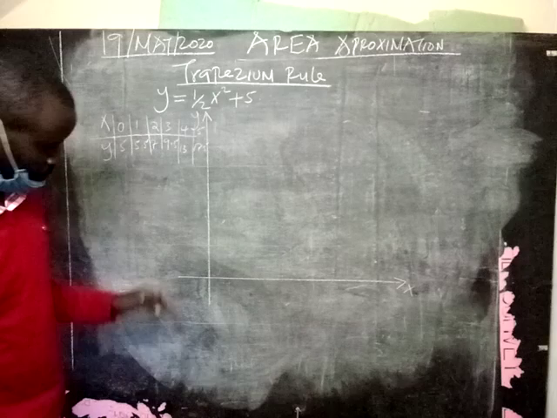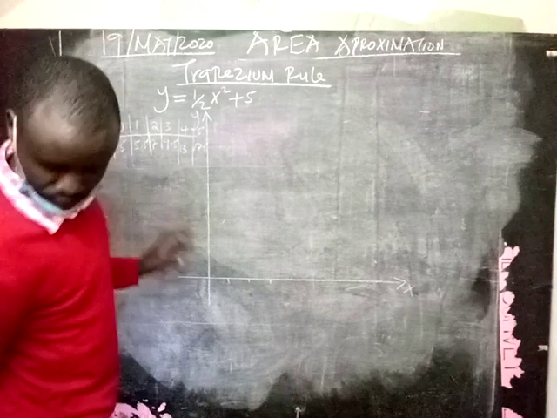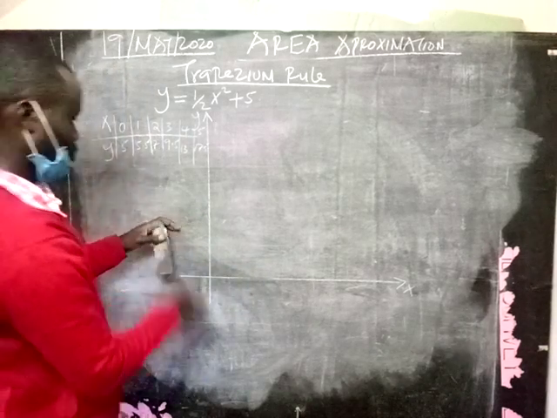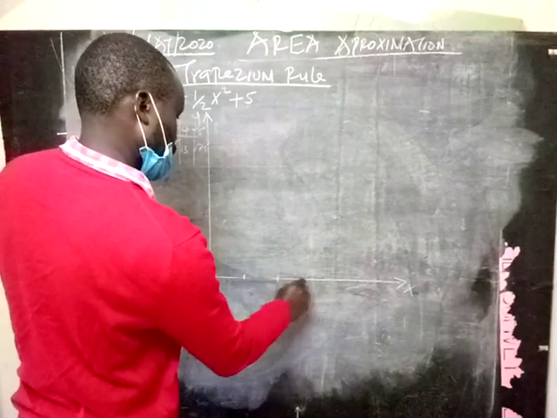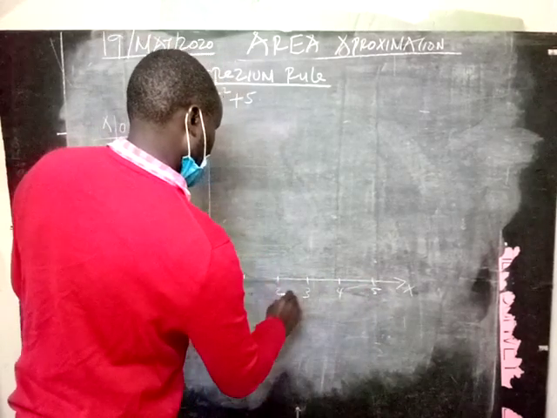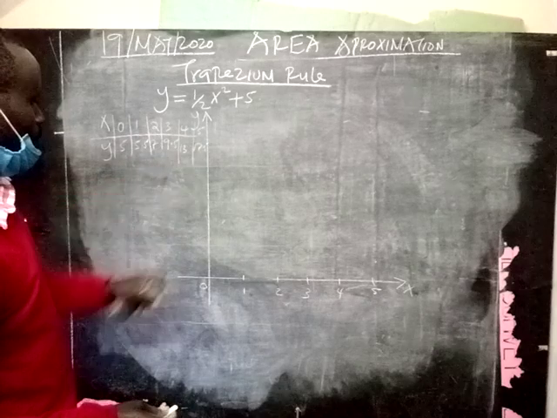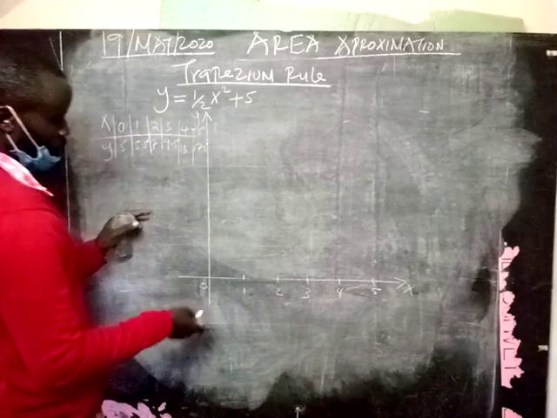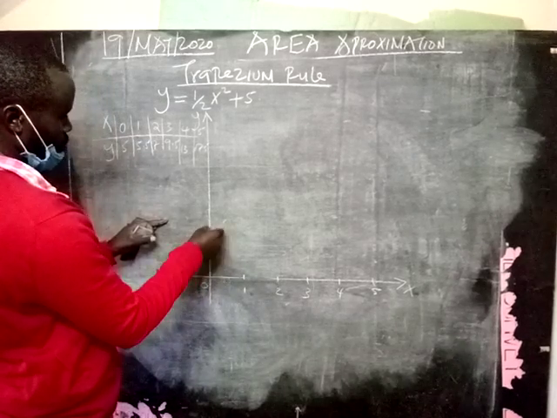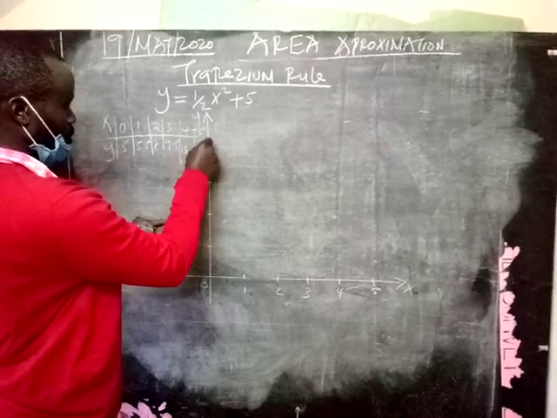So we are going to draw the axes, 0, 1, 2, 3, 4, 5. Then for the y-axis, as you can see, we have 17.5, so we are going to have up to 20. So we can have 5, 10, 15, 20.